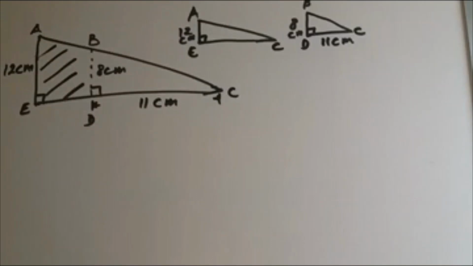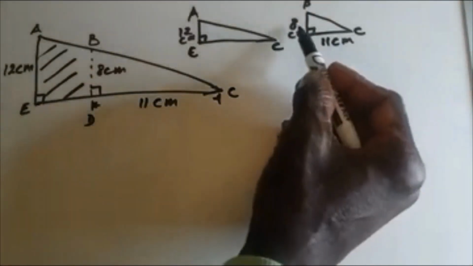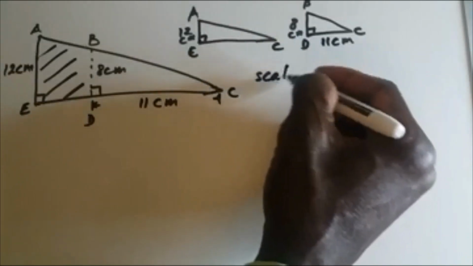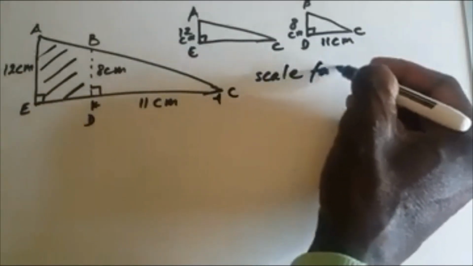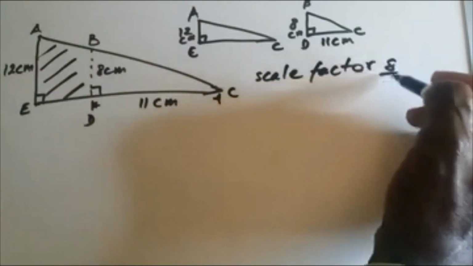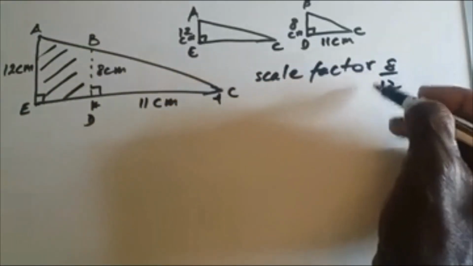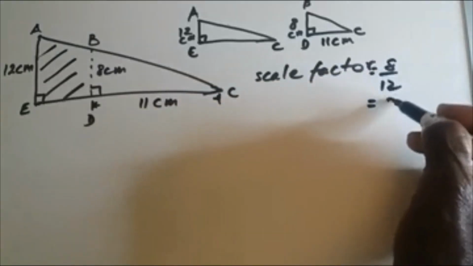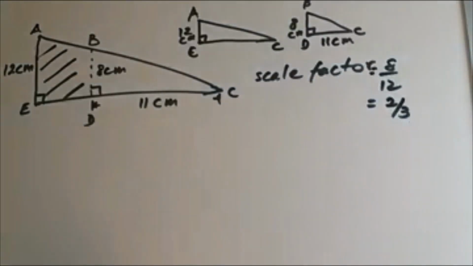So let's see what the scale factor is that will allow us to scale from the larger to the smaller. If you look at corresponding sides, we have 8 over 12. So the scale factor is 8 over 12, which is equal to 2 over 3.